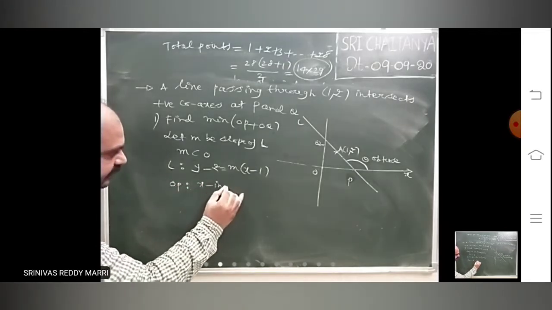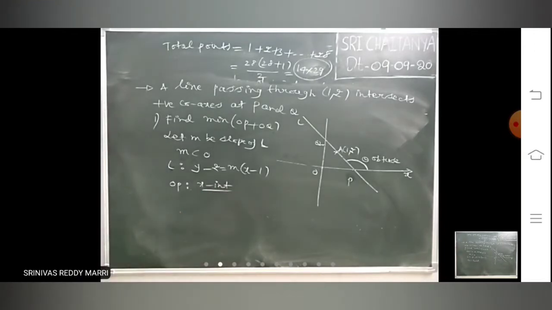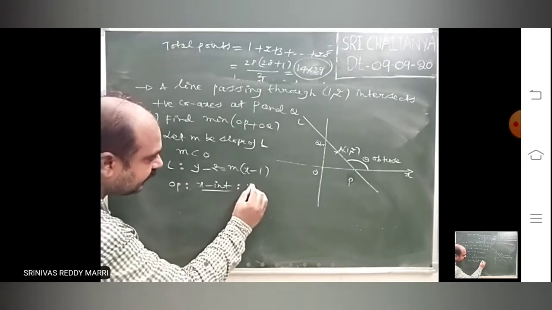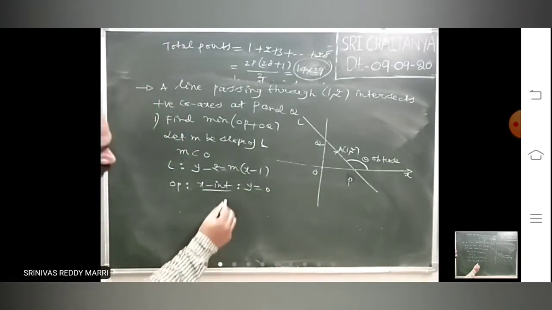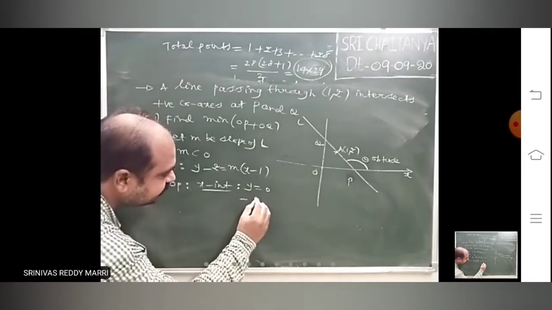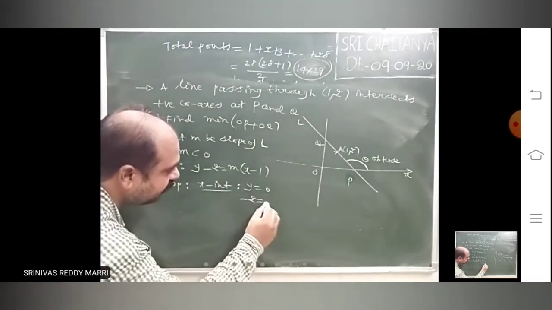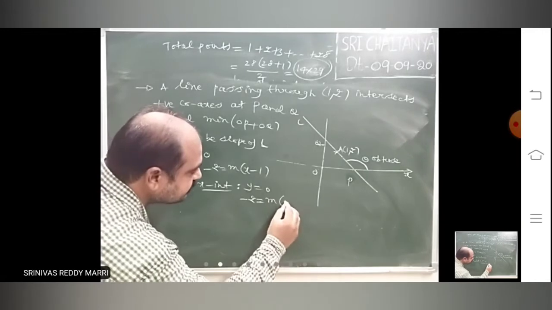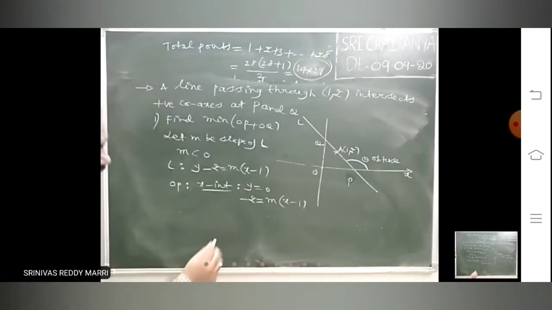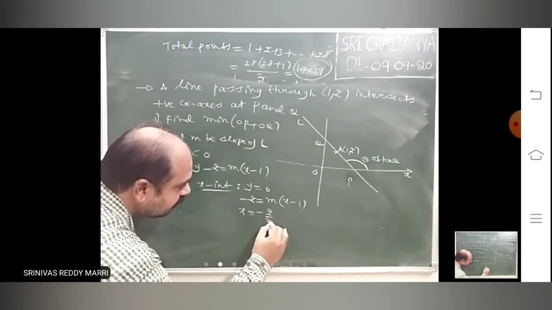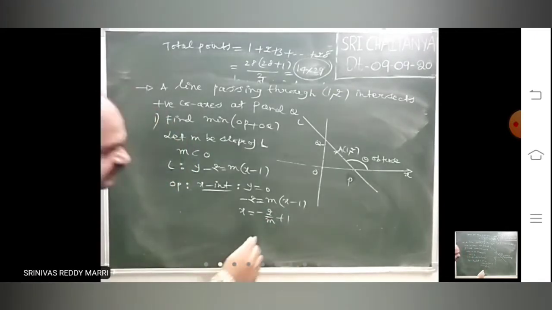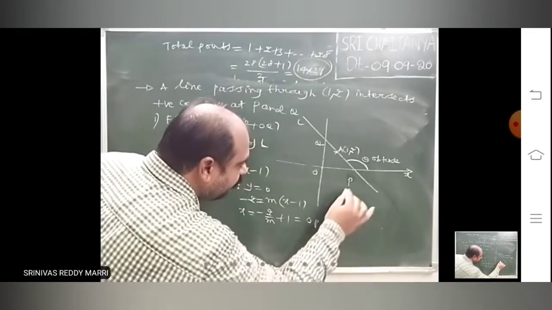OP is nothing but the x-intercept. To get point P, substitute y equal to 0, and the x value you get is OP, because it is in the first quadrant. So x is minus 2 by m plus 1. This is OP.